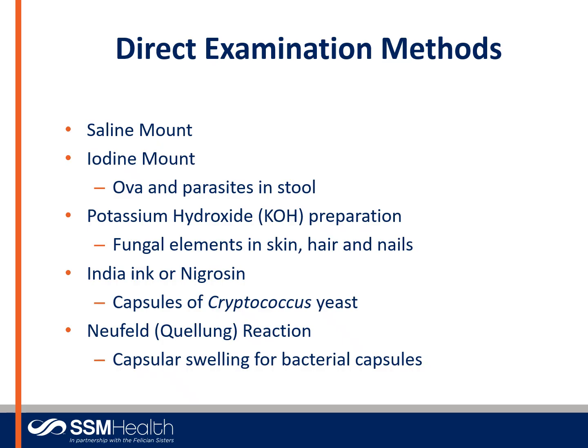But in case you are in a lab that does do the full ova and parasite examination, that iodine mount is useful because the iodine itself will be taken into the cells of parasites and allow for the ability to see different parts of the intracellular items within the parasites themselves, both cysts and trophozoites. And once again, that typically is done, and we'll talk more about that when we talk about GI pathogens.